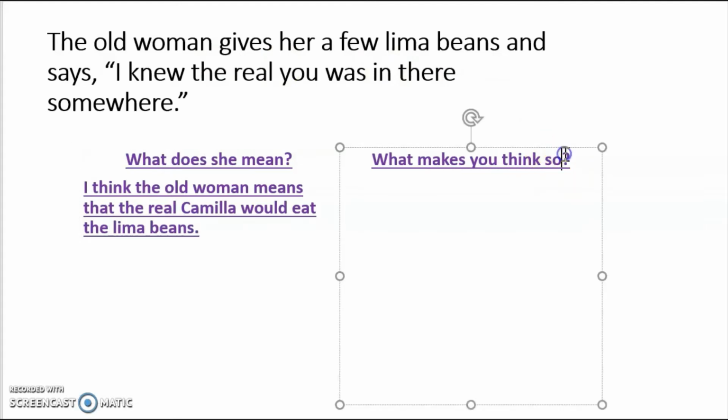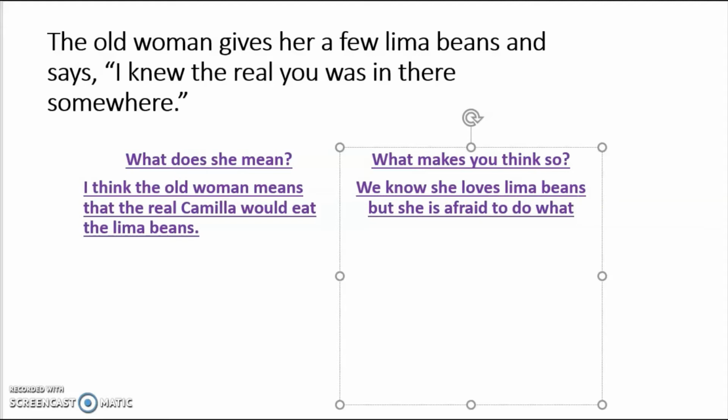Then we talked about what makes you think that. We said that we know she loves lima beans, but she is afraid to do what she loves, meaning eat the beans.